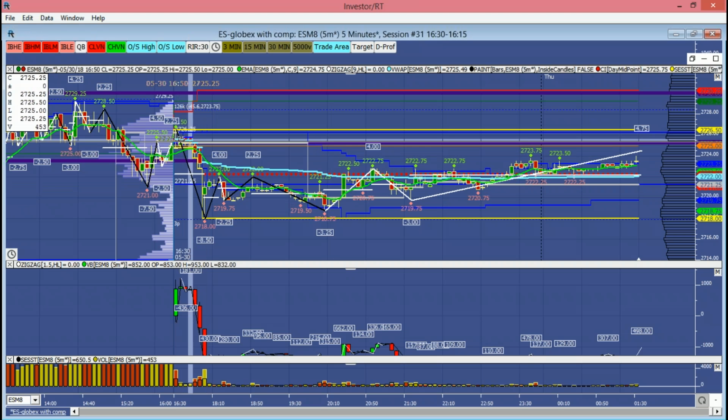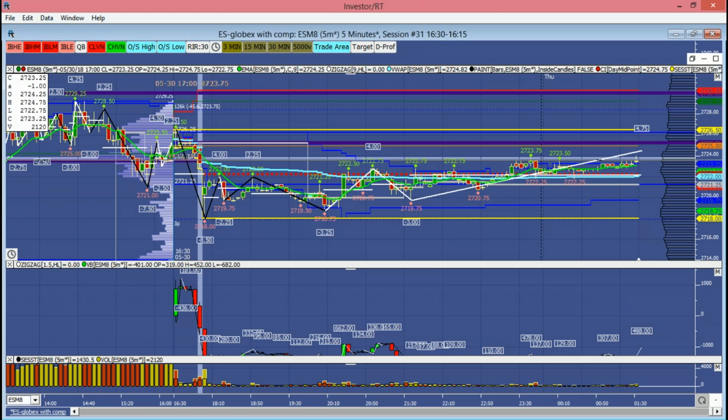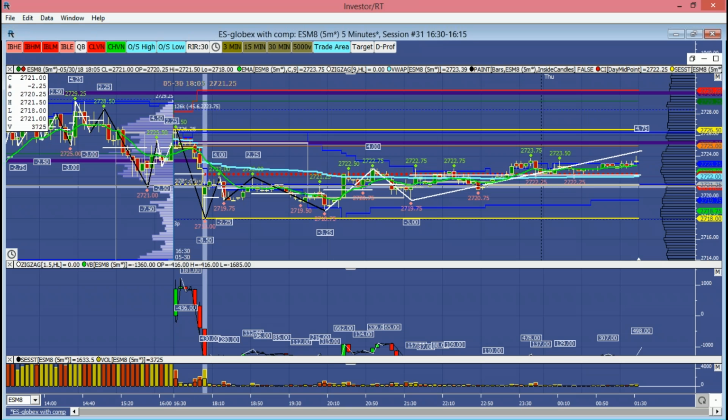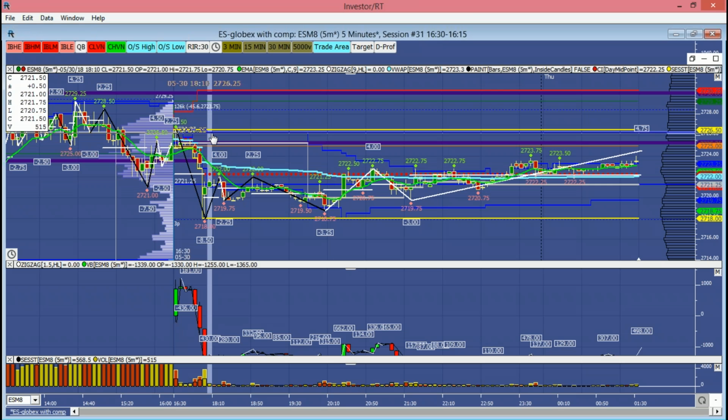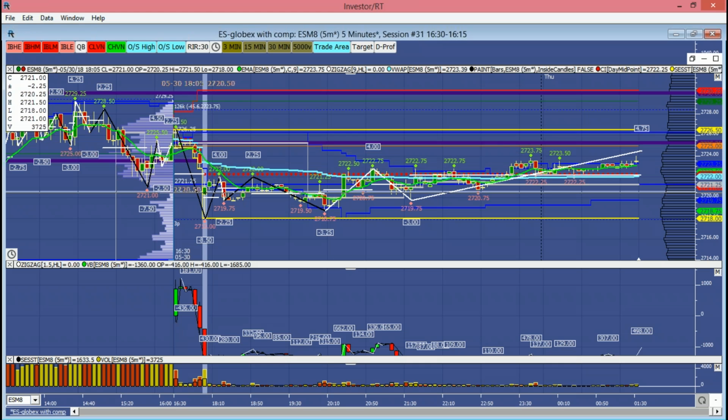On the ETH session, we closed at 5 o'clock Eastern time at 27.23 and a quarter, and when we gap below or above, this creates what I call the Globex gap. It has over a 99% probability that that gap will get closed.